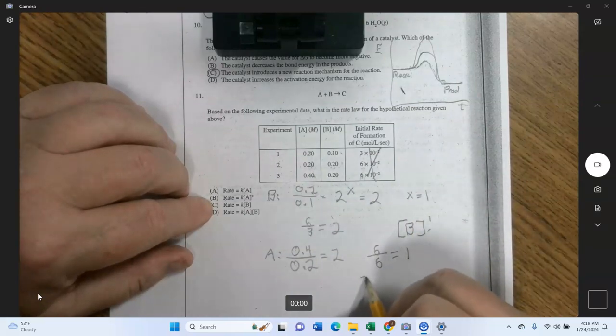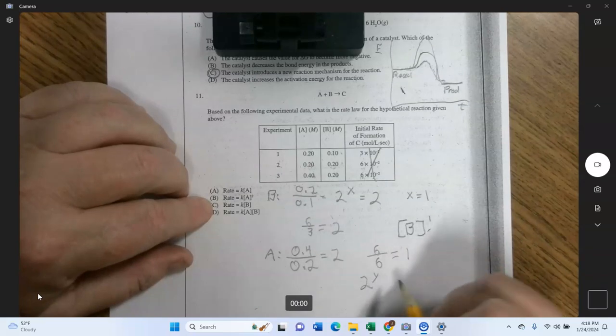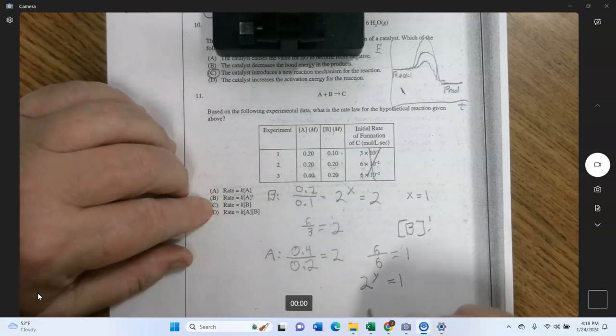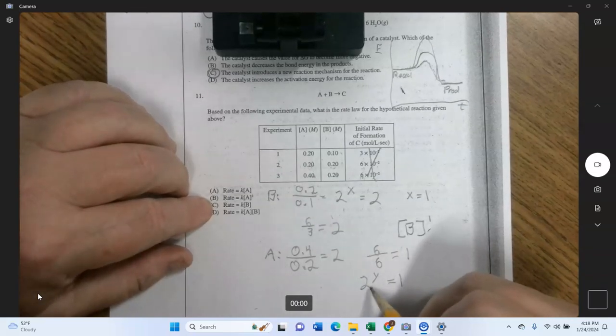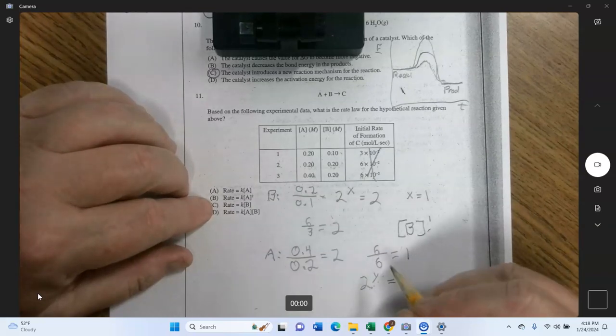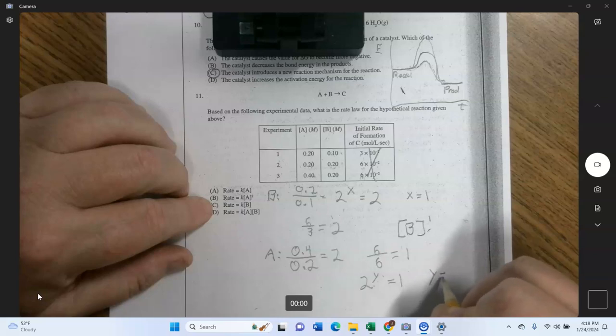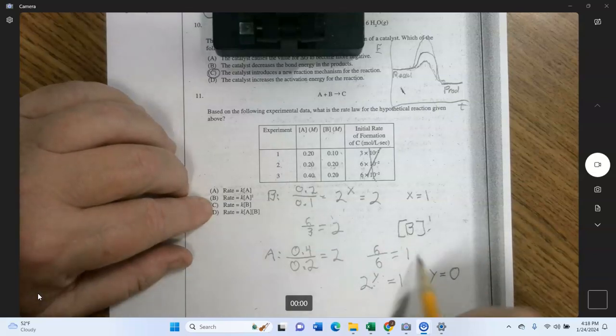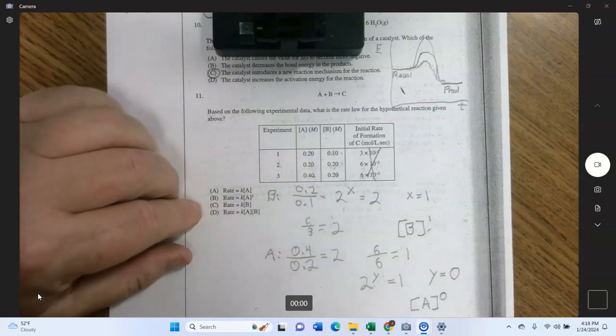So 2 to the y power equals 1. Well, any number except 0, any number raised to the 0 power is 1. So that means y equals 0. That means that A is 0th order, is 0.